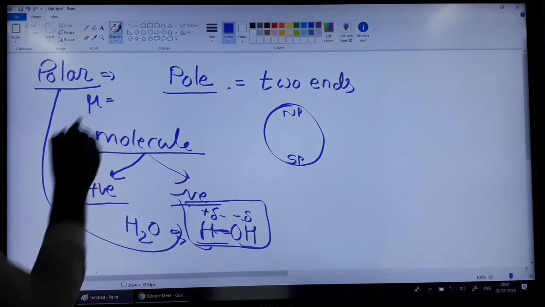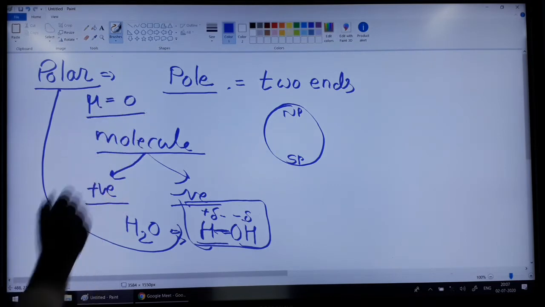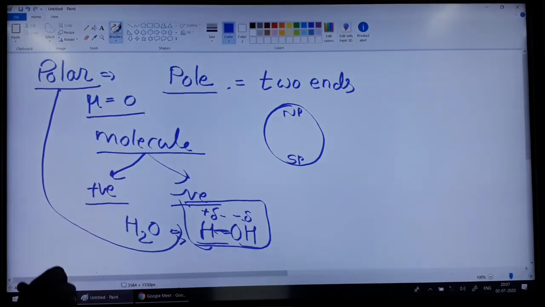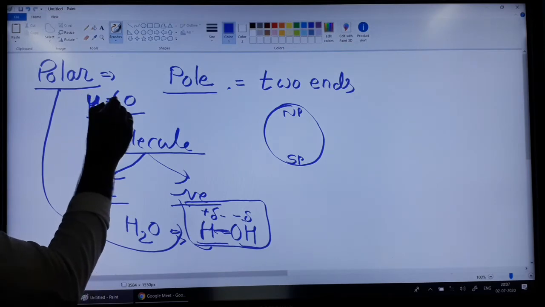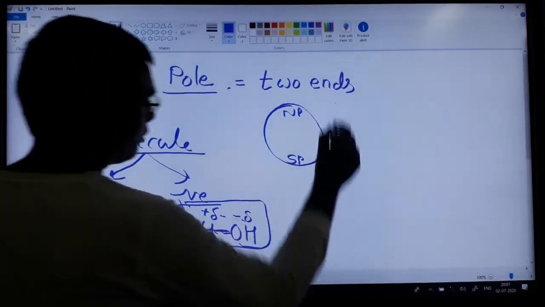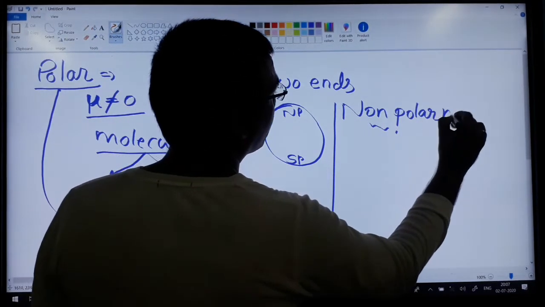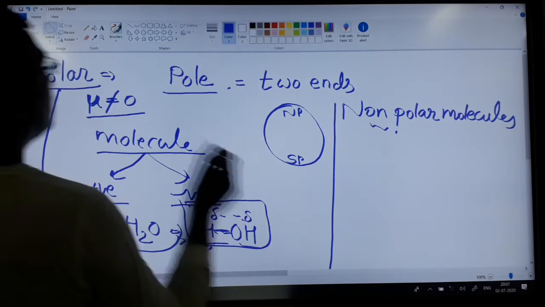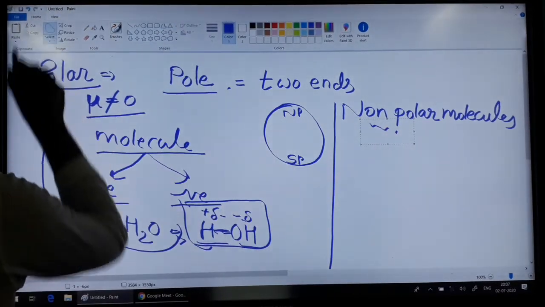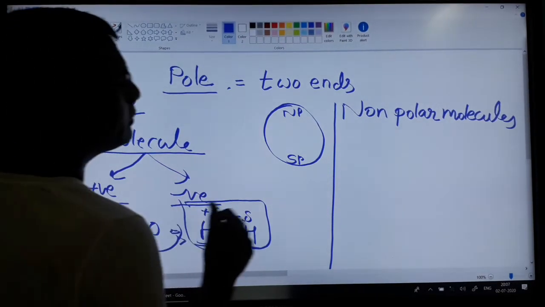Simply, for polar molecules the dipole moment is non-zero, and for non-polar molecules, what is the meaning of non-polar molecules?